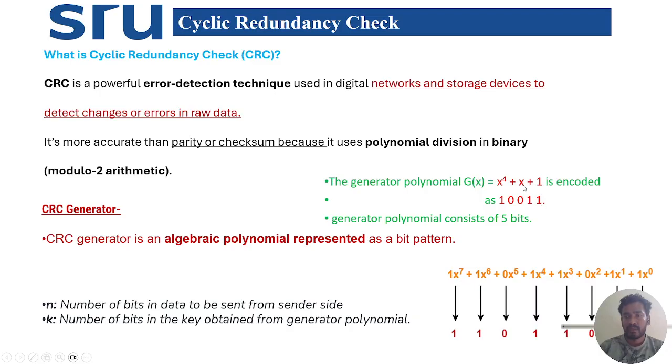So like 1 and 1, the two in between should be 0, and the final one should be written. So we need to count the number of bits. So total 5 bits, and L minus 1.